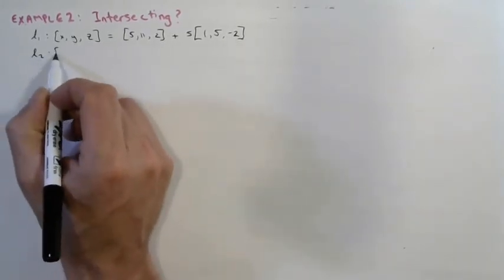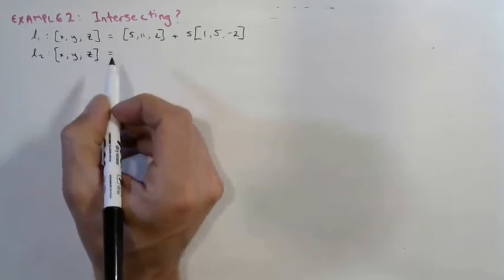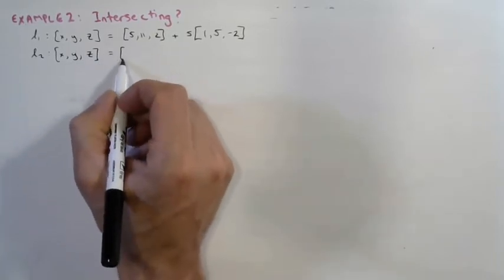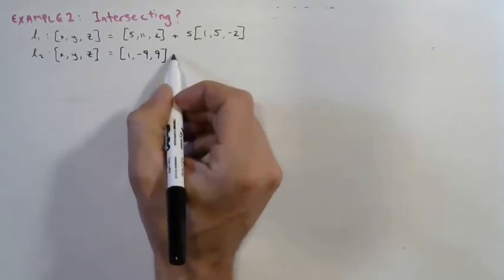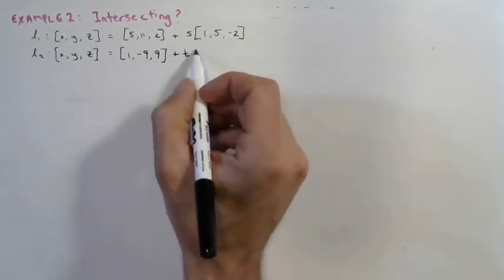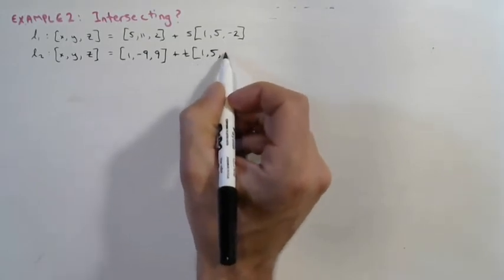Line 2 is x, y, z equals 1, negative 9, 9 plus t times 1, 5, negative 2.